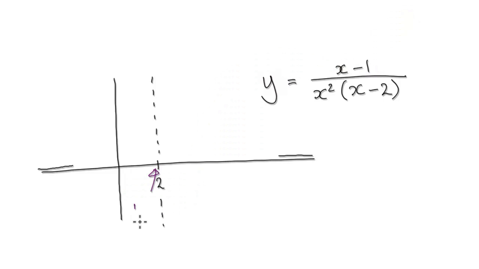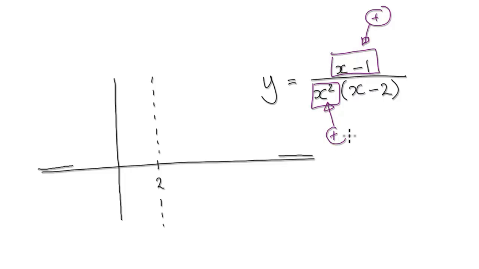Even if it's 1.999, take away 1, this thing is going to be positive. And then for sure, this will always be positive because you're squaring it.